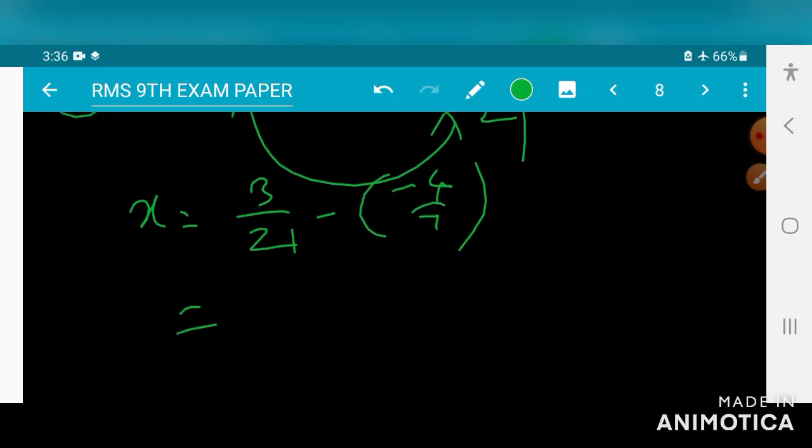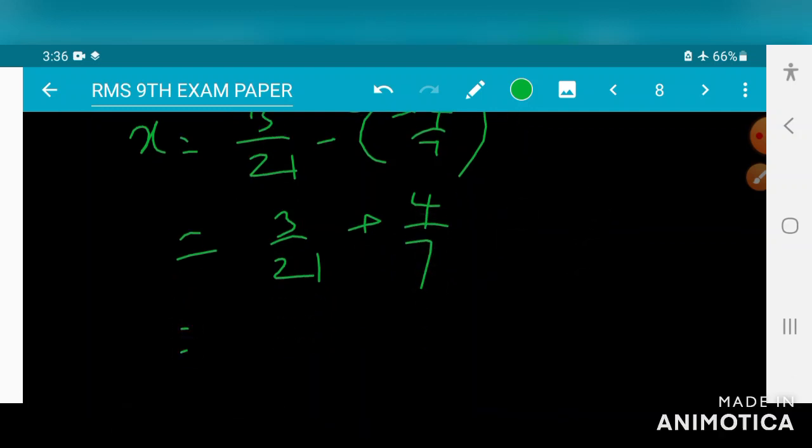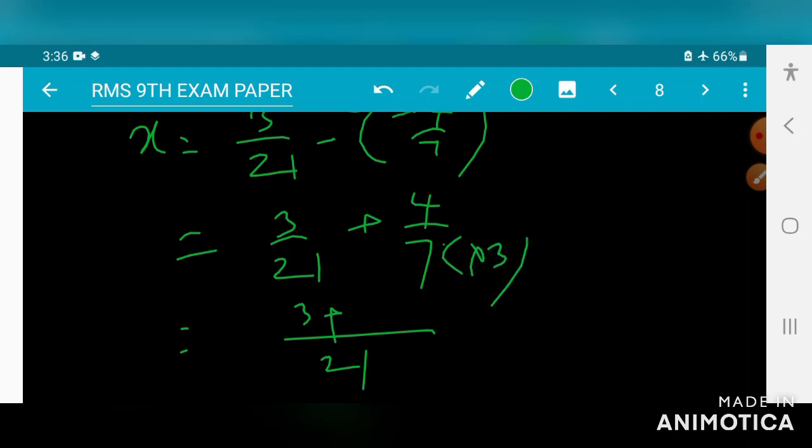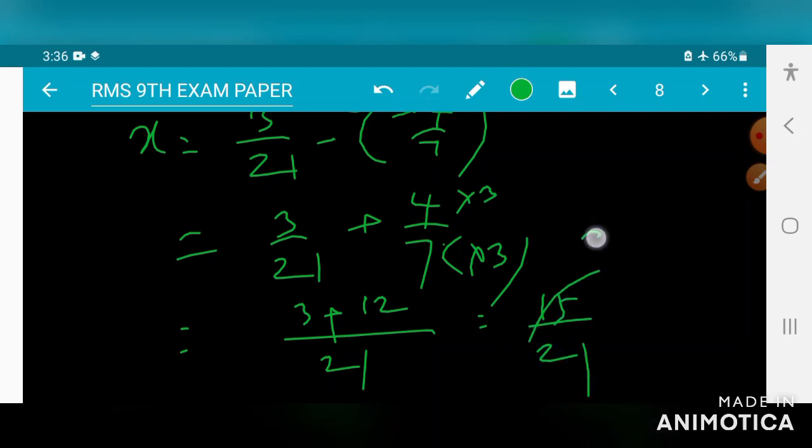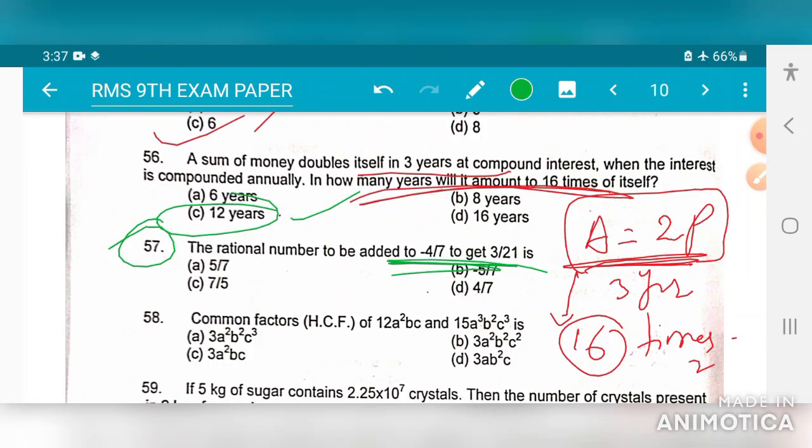So one step we have to do: 3 by 21 minus into minus, plus 4 by 7. 21 is the LCM, and 7 into 3 is 21, so we multiply the numerator 4 also by 3, which is 12. So 15 by 21. That means 3 fives are 15 and 3 sevens are 21, so the answer is 5 by 7. 5 by 7 is the correct answer.